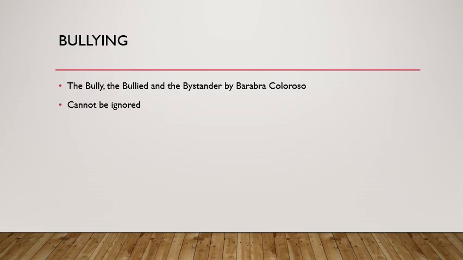The basic premise is bullying cannot be ignored, and it cannot be solved solely by the bully. So the bully, the bullied, and the bystander. As teachers, that's our position, we're one of the bystanders. We have to engage to decrease bullying, and the more people you have engaging in a situation, the better the outcome.